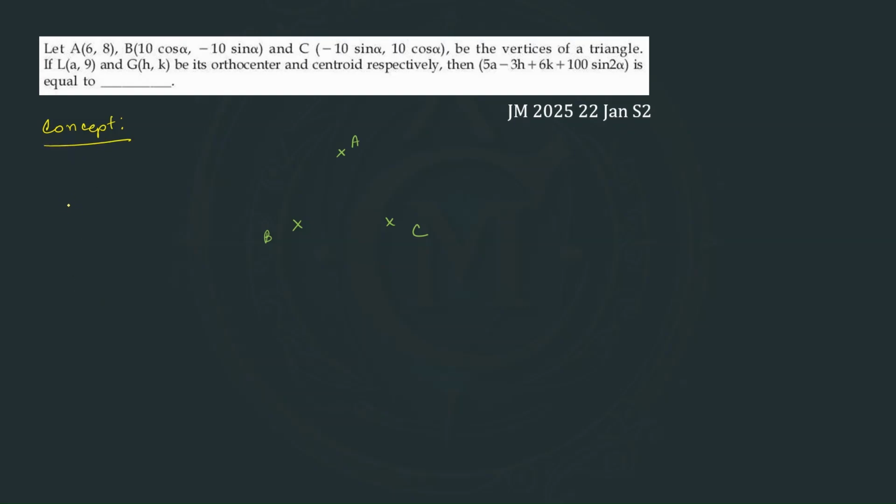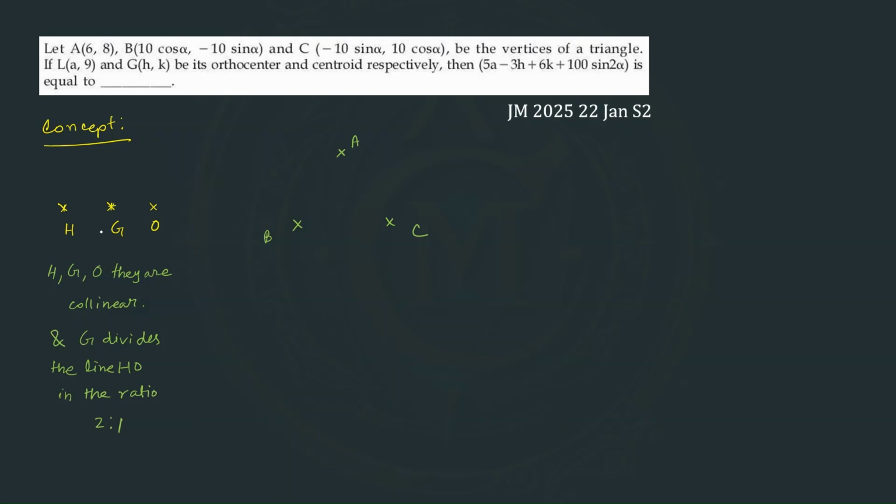The concept is that if this is the orthocenter H of a triangle, this is the centroid G, and this is the circumcenter O of this triangle, then they are collinear, and this centroid G divides the line HO internally in the ratio 2 is to 1.